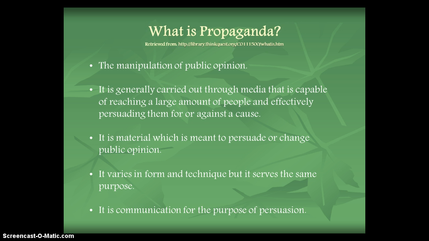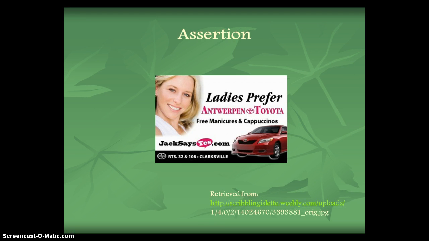So the first technique of propaganda that we can see in this slide is assertion. An assertion is an enthusiastic or energetic statement presented as a fact, although it is not necessarily true.